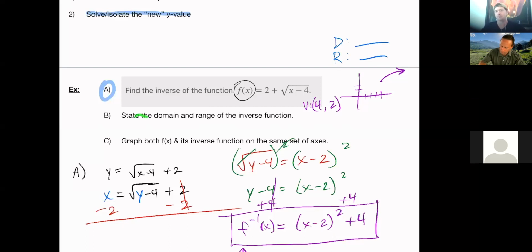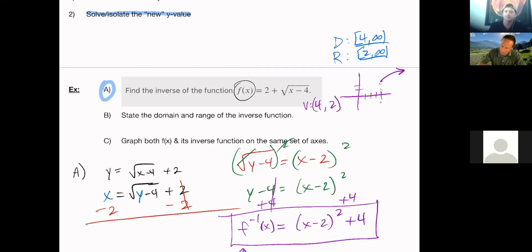So can you give me the domain and range of that original function? Without even knowing anything about the inverse stuff? Yeah, what's the domain? When do I start hitting my x values? At 4, going to infinity. Very good. And then what about my range? When do I start hitting my y values? Including 2 all the way to infinity.